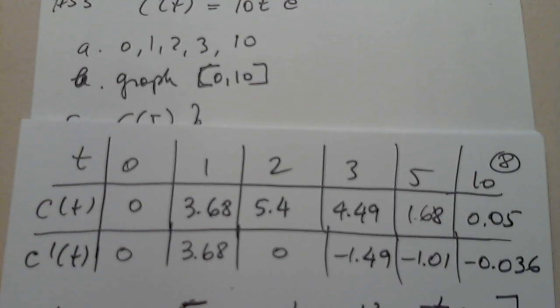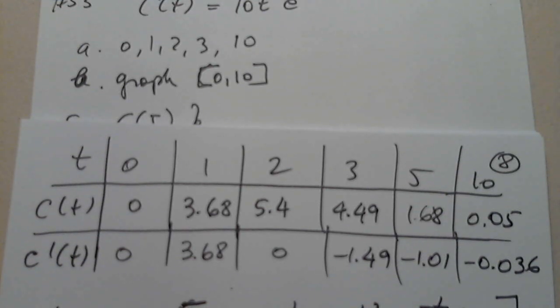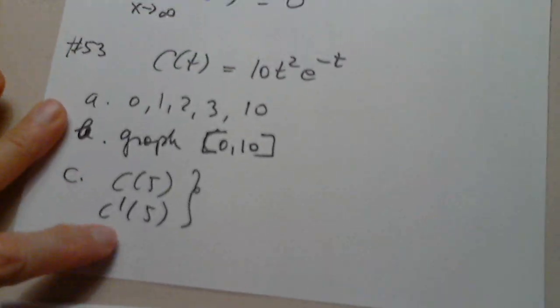And here the graph. So this is the graph of C of t between 0 and 10. And we have the peak at roughly about 2, at 5.4. So we graph that. Now let's also talk about what they want us to talk about, which is this.